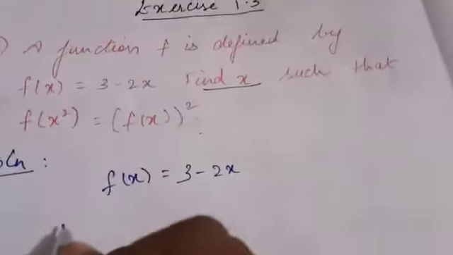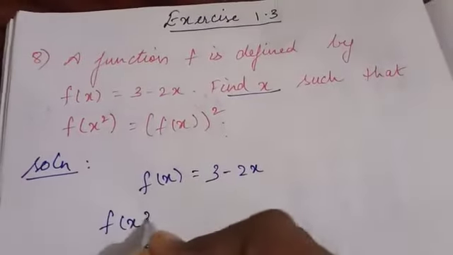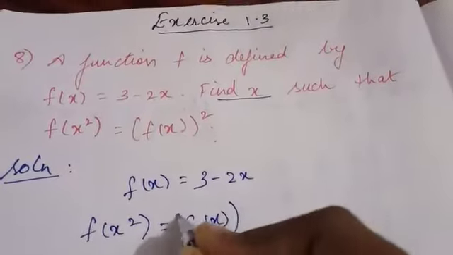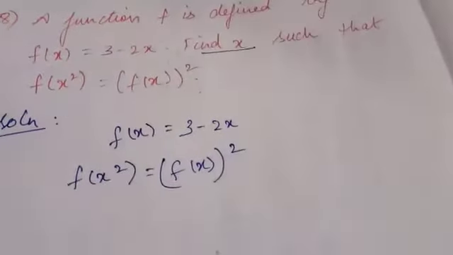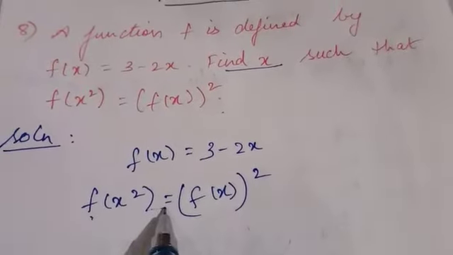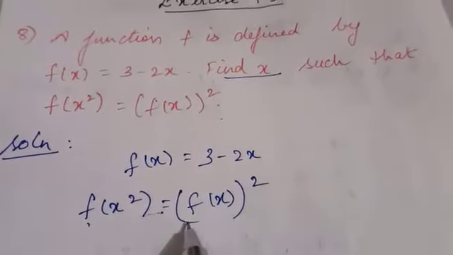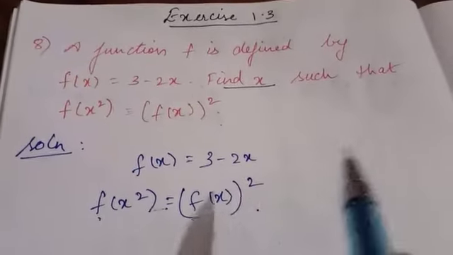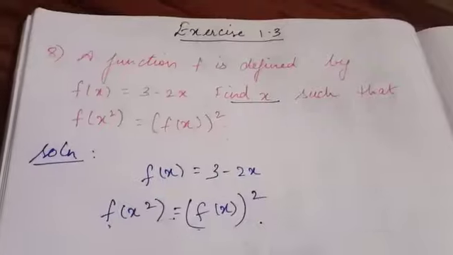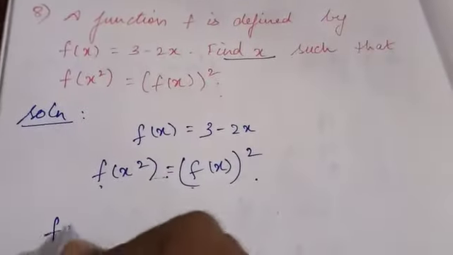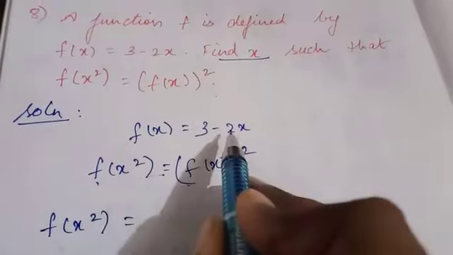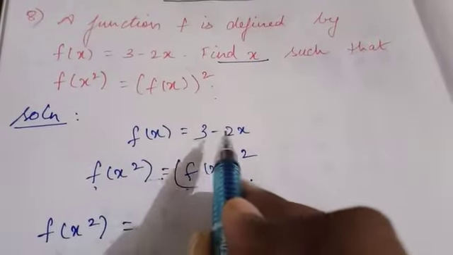So using this function, f of x square and f of x the whole square. First we'll find f of x square and then f of x the whole square, and then we'll equate both. So first we'll find f of x square. What is our f of x? 3 minus 2x.